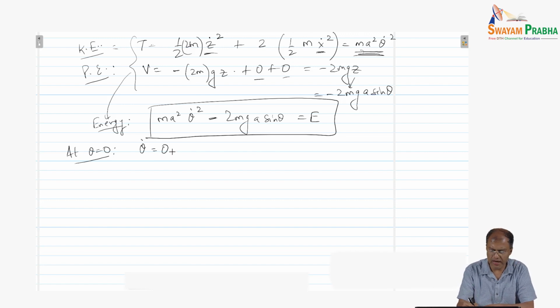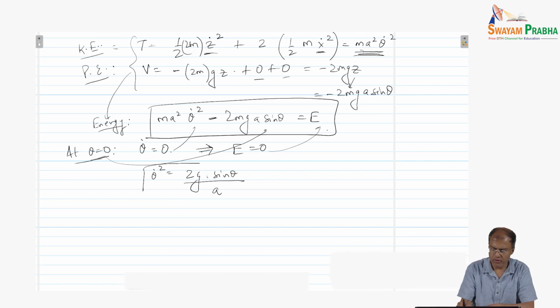So the energy is 0 at t equal to 0, and energy is conserved for the system. Plugging in this information, theta dot comes out to be the square root of 2g by a times sin theta.